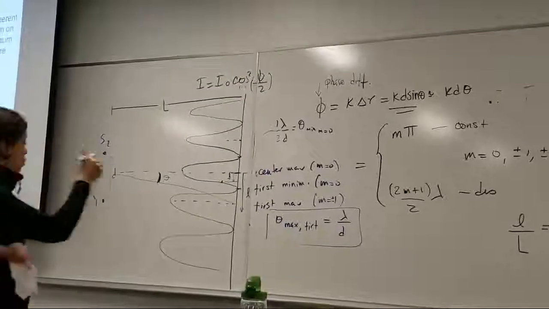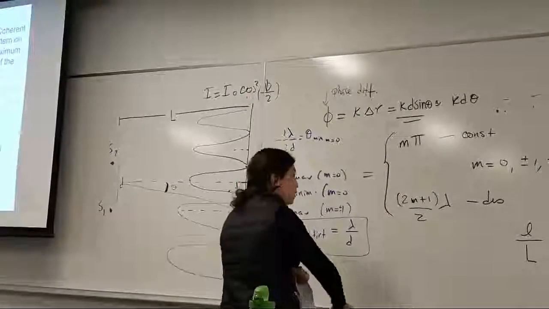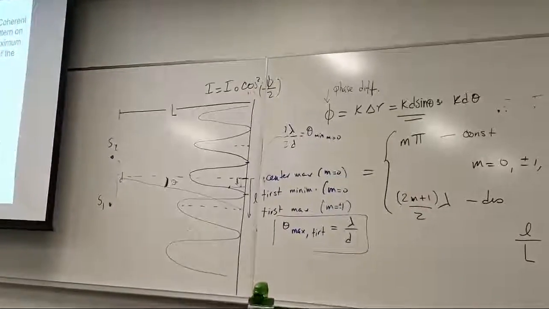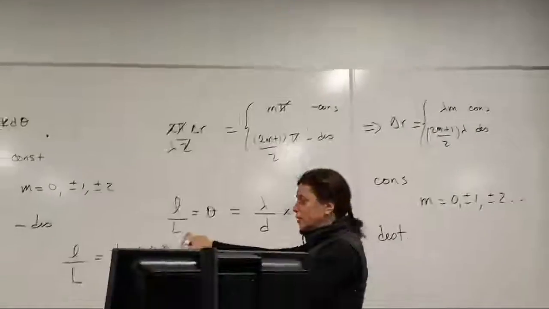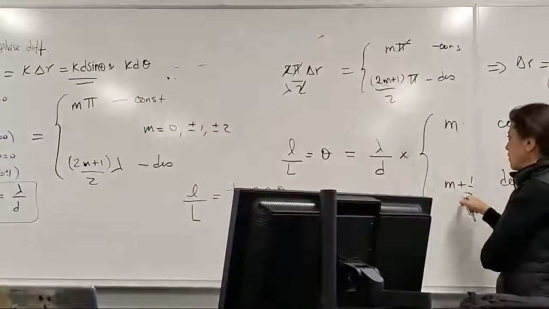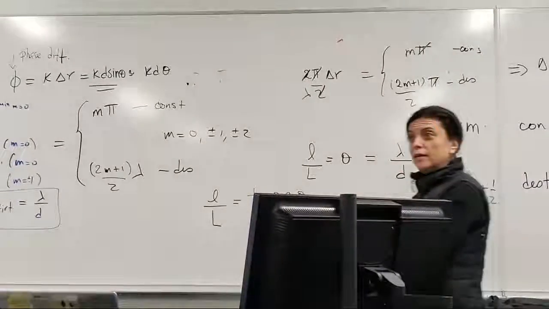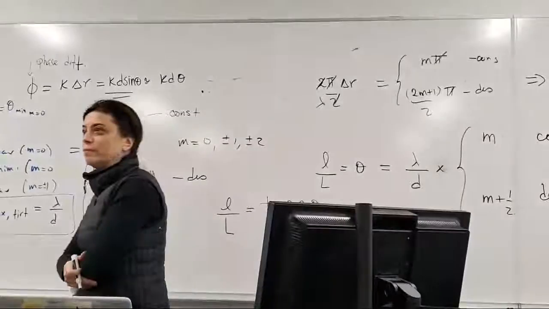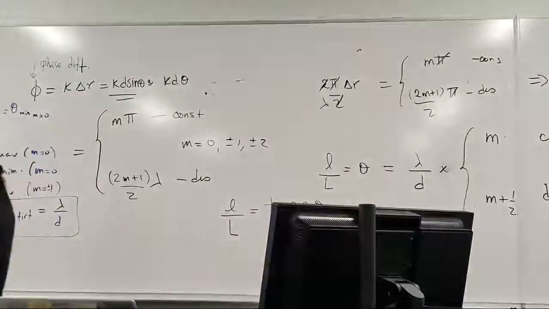If the first minimum is here, they already tell you that this is 1.5 over 1. That is the first minimum, so therefore this has to be equal to lambda over 2d. They give you d, so you can get lambda. And the answer is here.